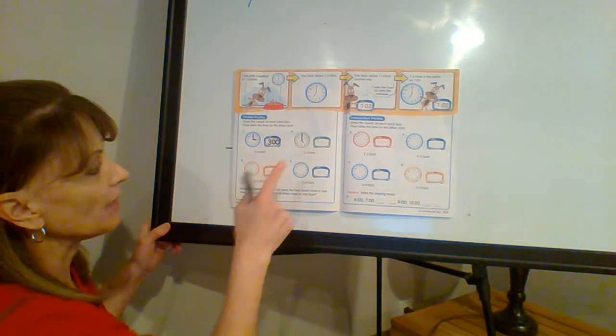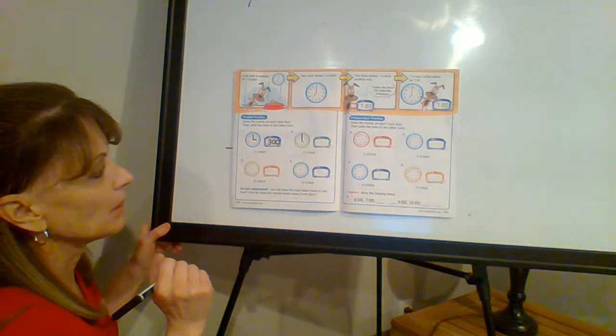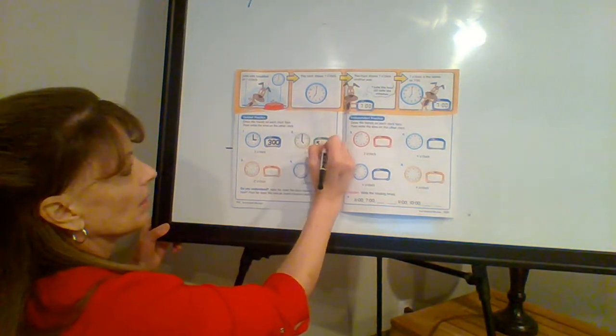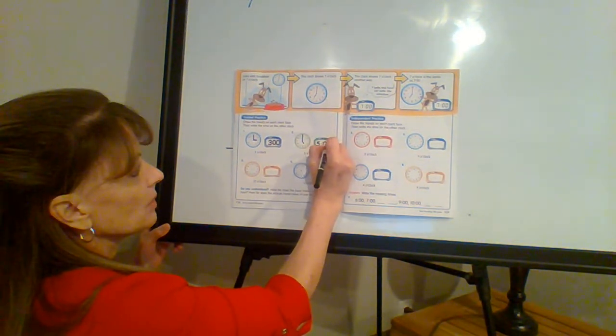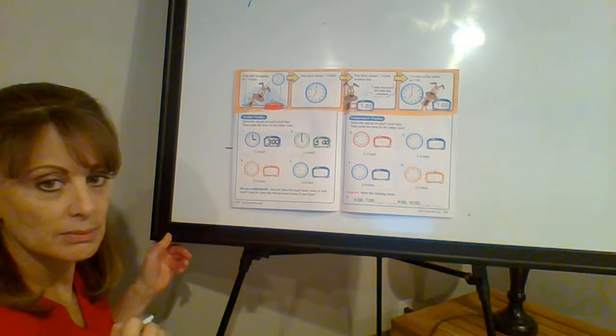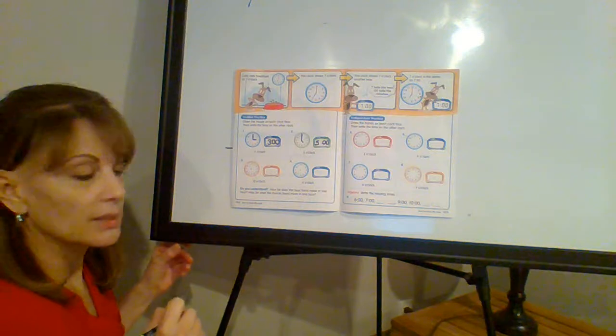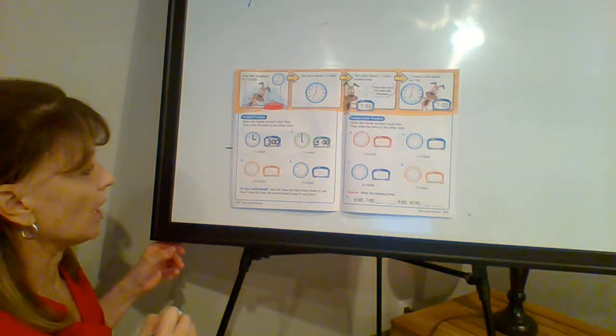And how do you write 5 o'clock in digital time? 5, 0, 0. Okay? Number 3, 12 o'clock.